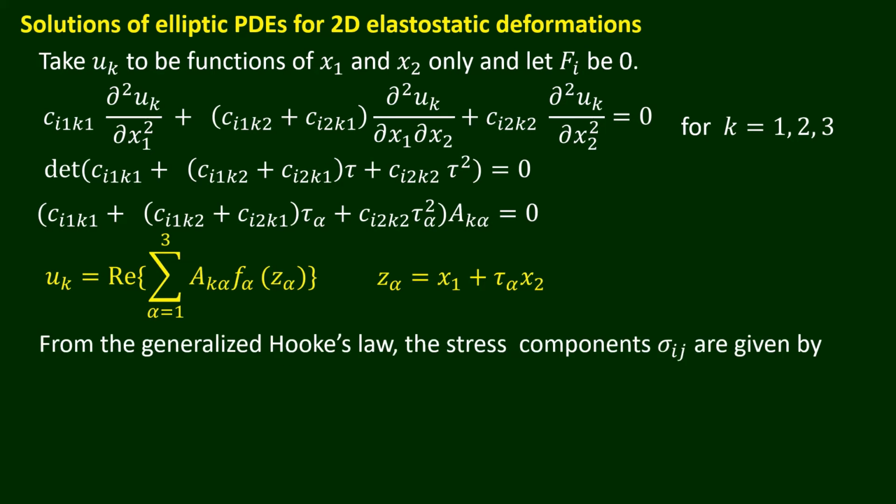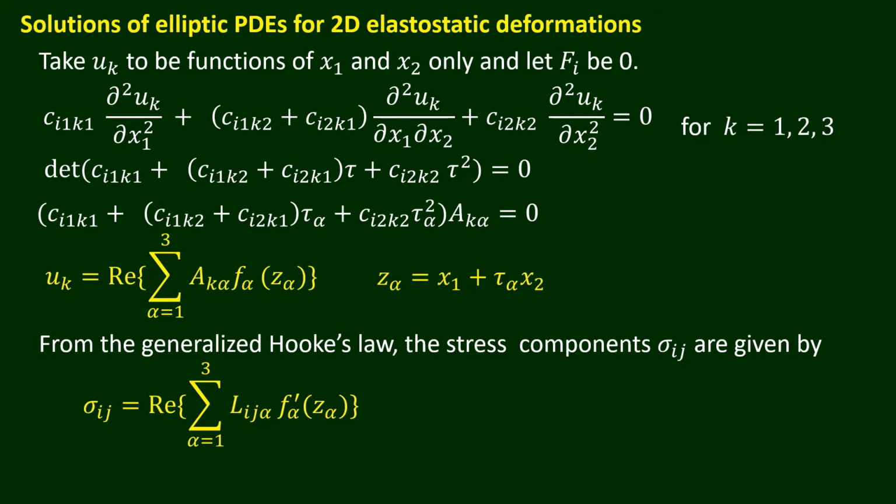From the generalized Hooke's law, the stress components σij are given by σij = real part of the sum over α = 1 to 3 of Lijα Fα'(zα). Here, Fα'(zα) denotes the first order derivative of Fα(zα) with respect to zα.